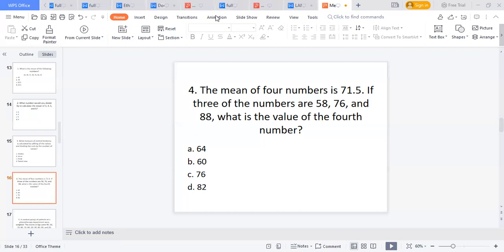Carol says A, 64. And indeed, it is 64. That's correct.